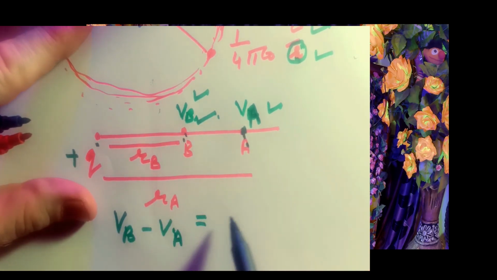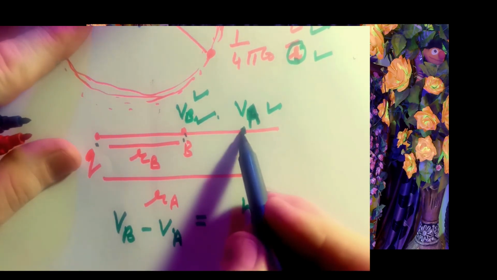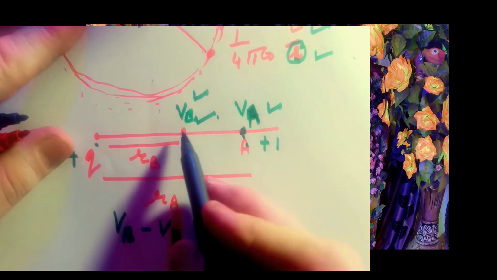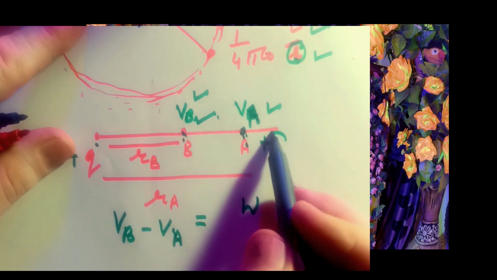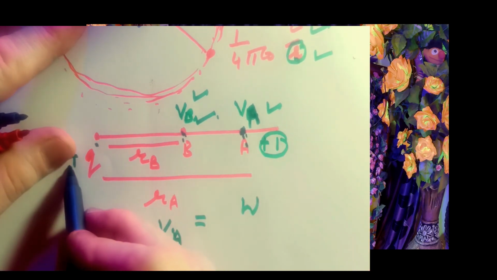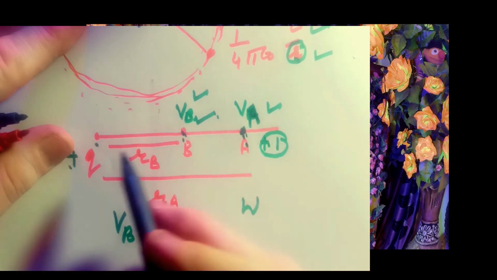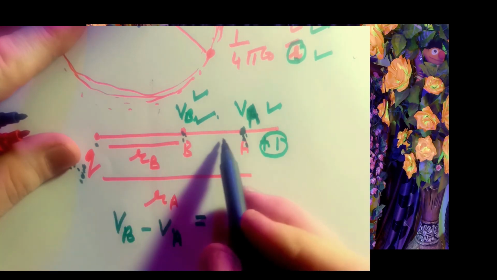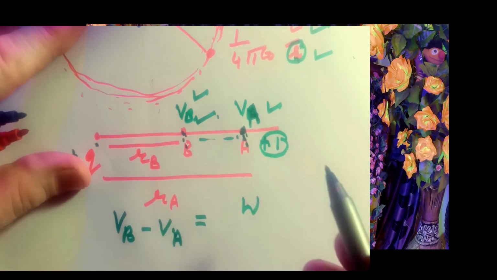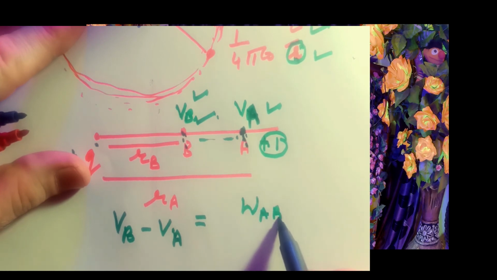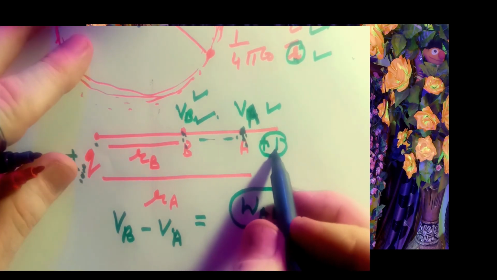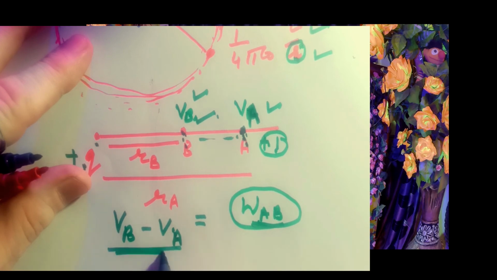What is the definition? Work done in bringing unit positive charge from A to B. Because you are bringing this charge, source charge is positive, you have to do the work against the repulsive electrostatic force, from A to B. And whatever the work done from A to B per unit test charge becomes the potential difference.